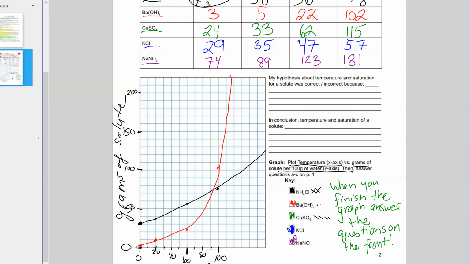Now let's graph our results for copper sulfate. So our first point is 0 and then 24. So here's 0, 10, 20, 24 is a little under half there. Then we've got 20, 33. So 30, 33, good enough. Then 60, 62. 50, 60, 62.